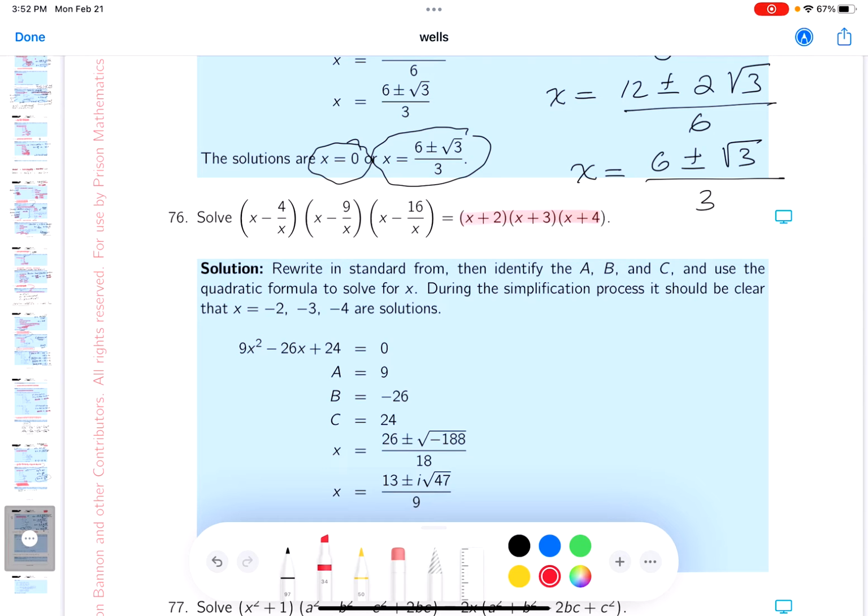So let me write this down for you. This would be x squared, whoops, I'm sorry about that. x squared minus 4 over x. x squared minus 9 over x.